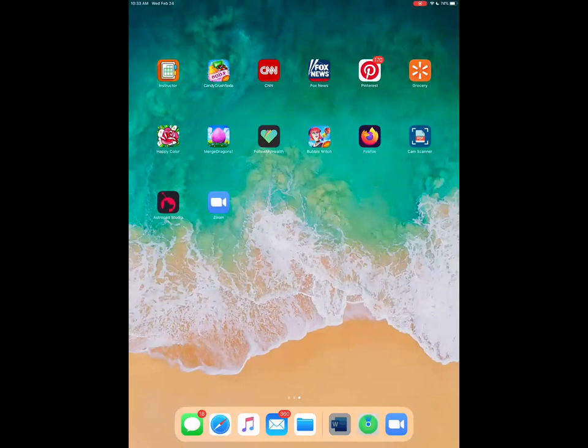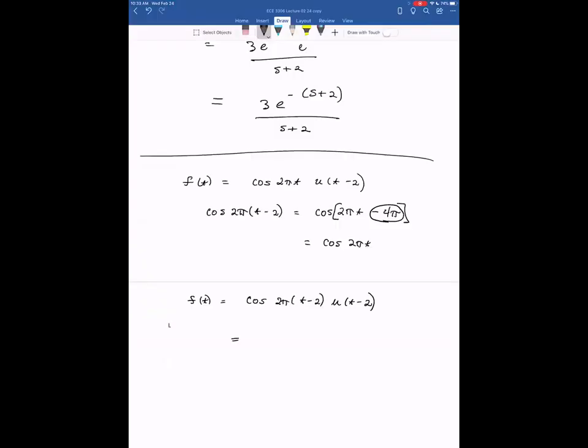If I did not have the time shift, this would be s over s squared plus 2 pi squared. Now what the time shift does is add an e to the minus 2s in the numerator. So that's my F of s.